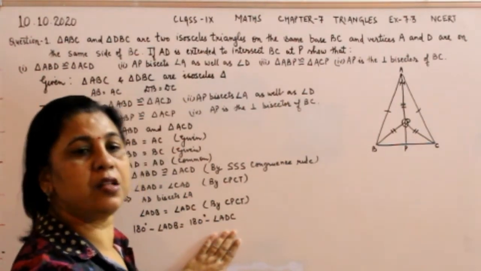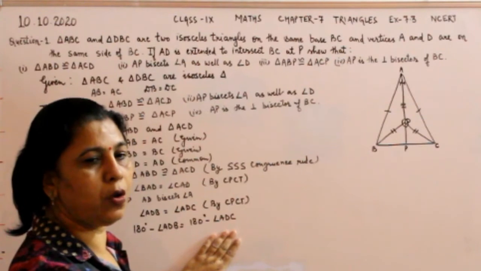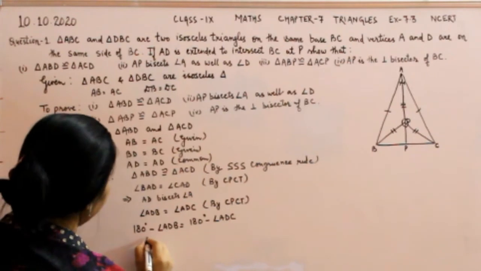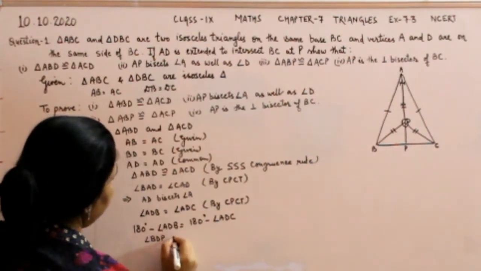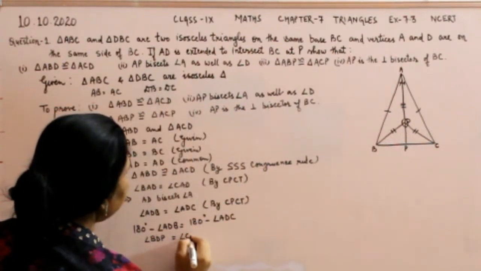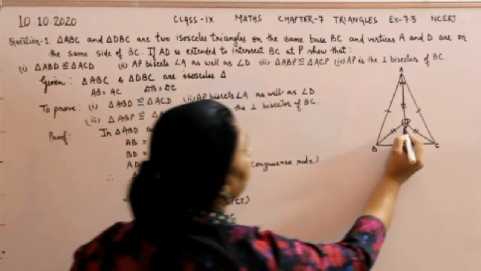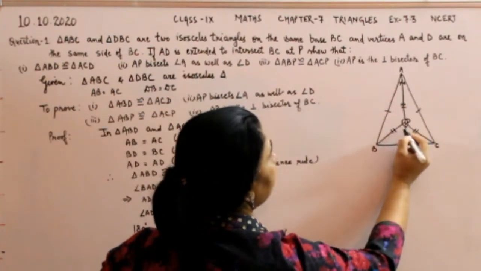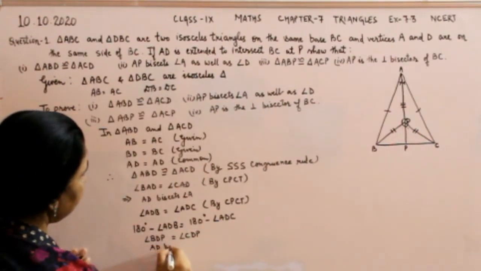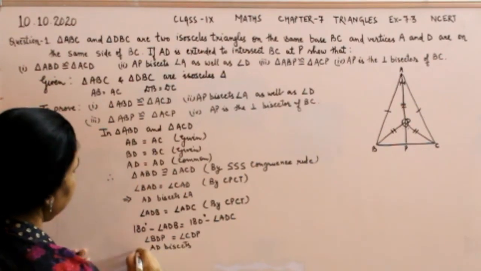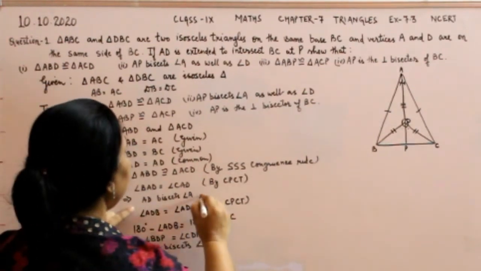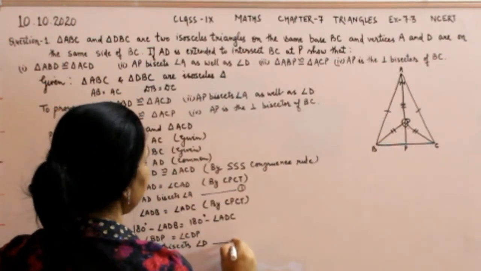When equals are subtracted from equals, they are also equal. So 180 minus ADB is BDP, and 180 minus ADC is CDP. So both of these are also equal. When these two are equal, that means AD bisects angle D. So from these two, suppose this is 1 and this is 2.